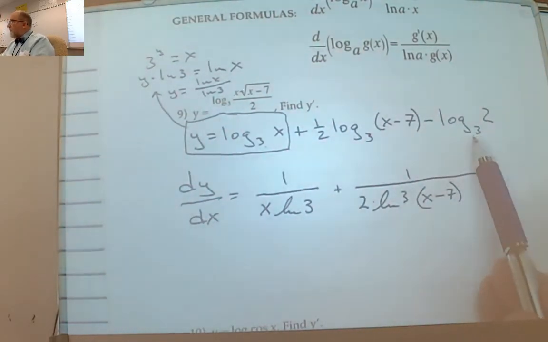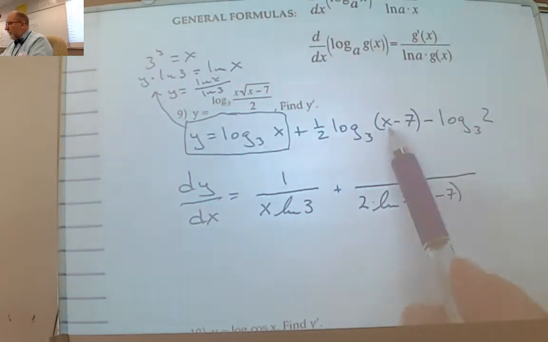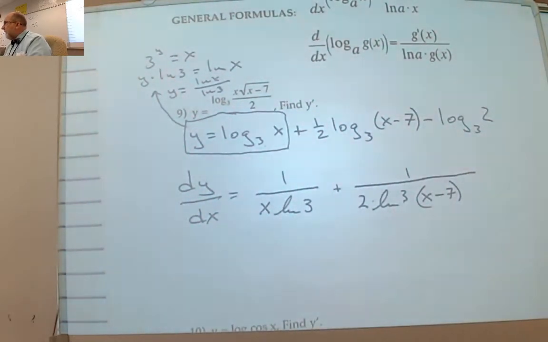What's the derivative of this? Too much work. What's different about this term compared to the other two? It's all what? It's a constant. What's the derivative of any constant? 0.